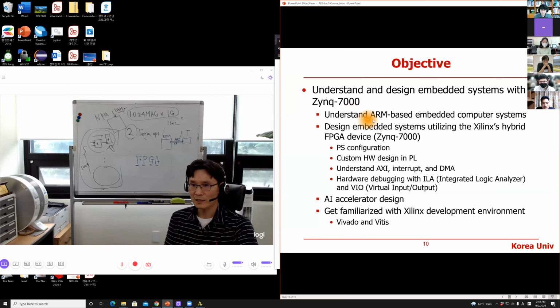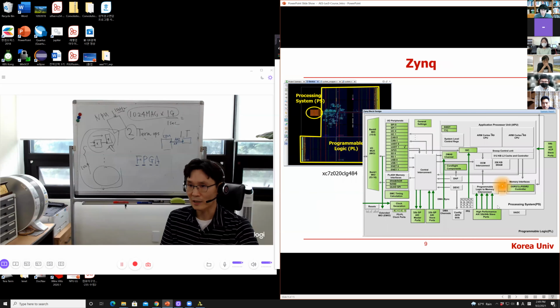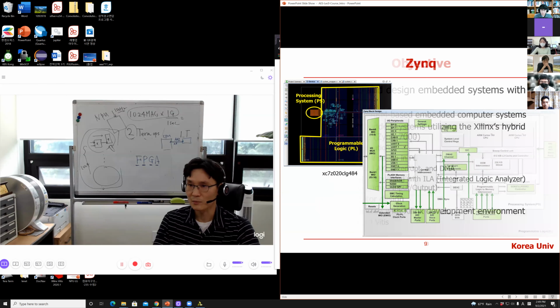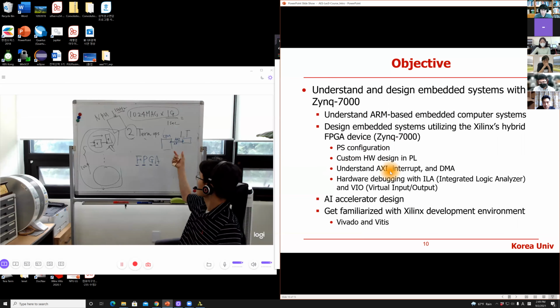First, understand ARM-based embedded computer systems. You have two Cortex-A9 CPUs, and we design some example embedded systems using this Zynq 7000 device. For PS configuration, AXI is an interconnection protocol provided by ARM.